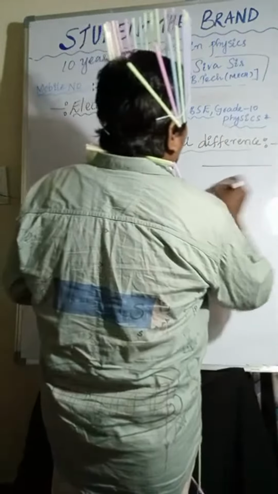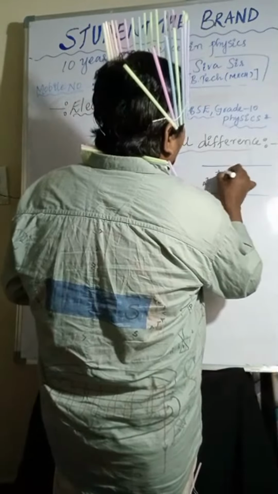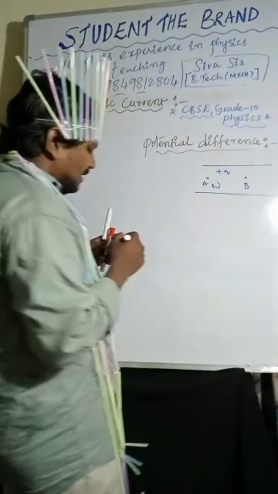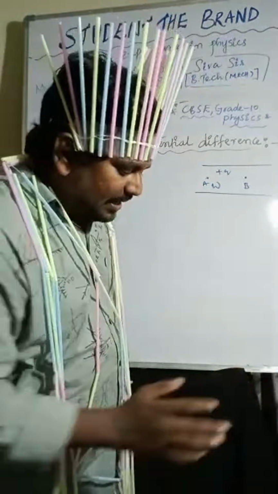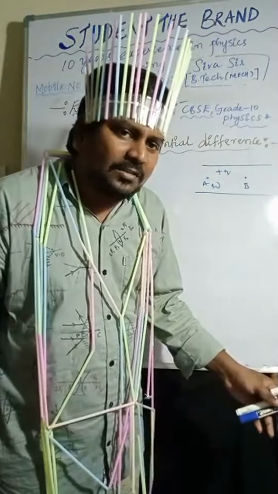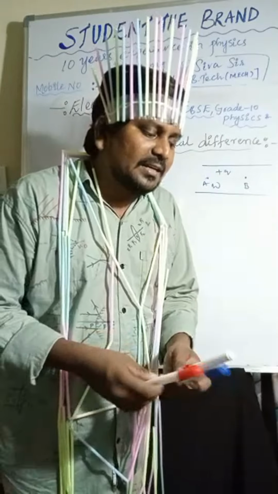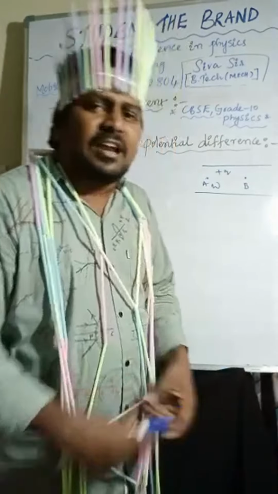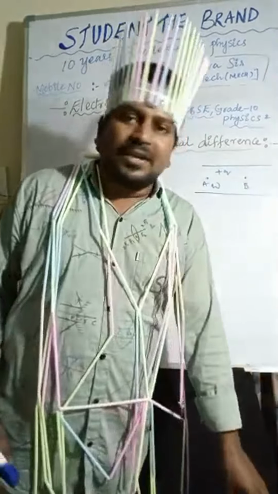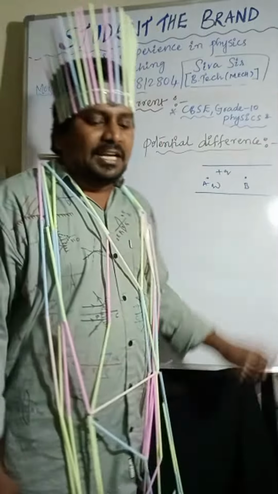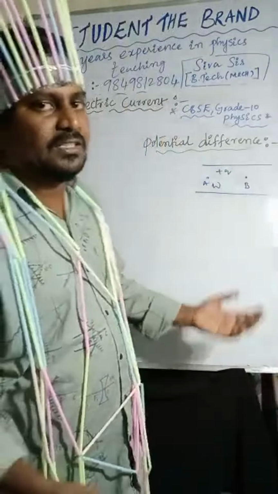I am taking here point A and point B. We are taking charge, we are doing work to bring unit positive charge from one point to another point within the conductor. That is called potential difference.